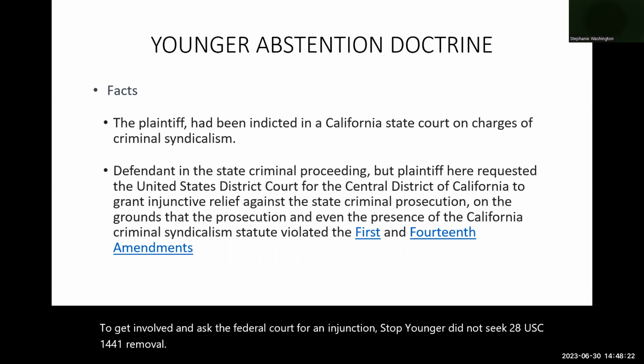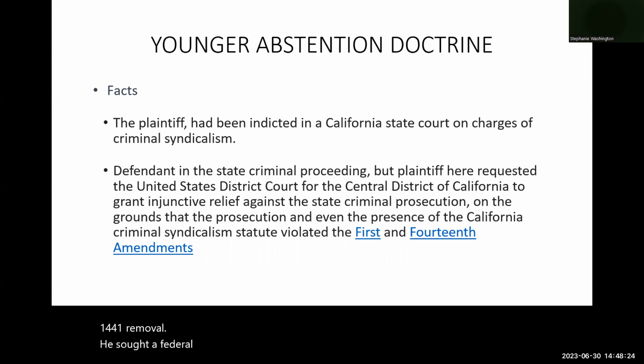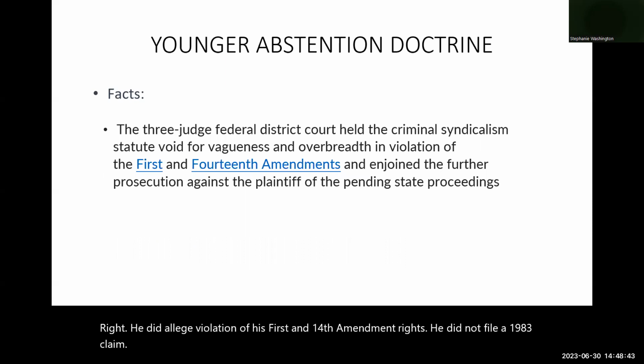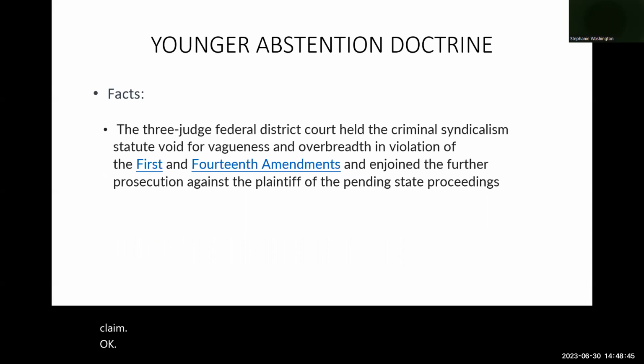He sought a federal injunction, asking the federal court to stop the state court proceedings, right? He did allege violation of his First and 14th Amendment rights. He did not file a 1983 claim, okay? A 3-judge panel heard Younger's request. They issued it.